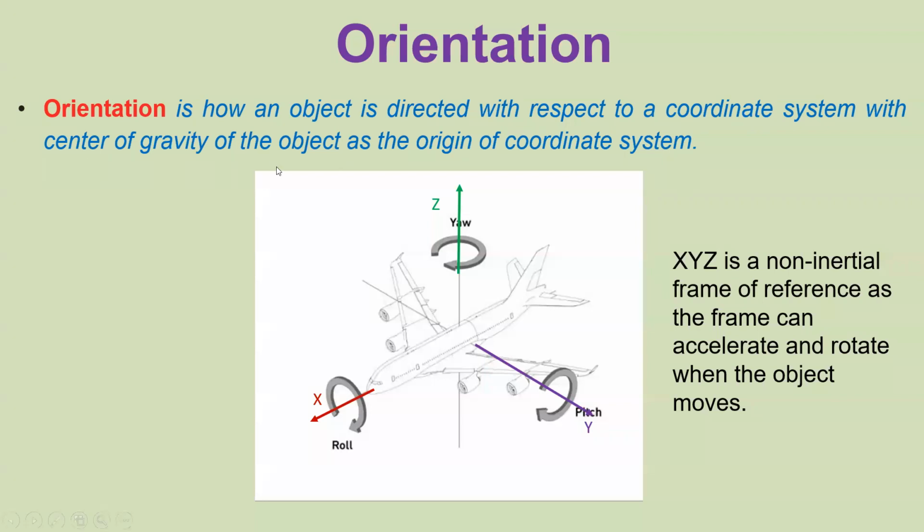So orientation is how this object is directed in space with respect to a coordinate system, like this, right? In order to measure the orientation, we have this sensor called a gyroscope.